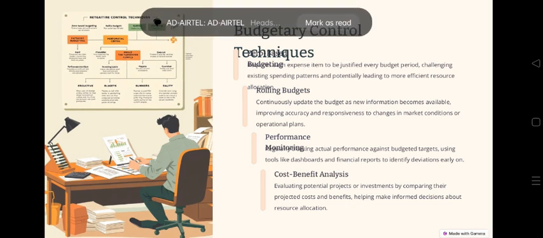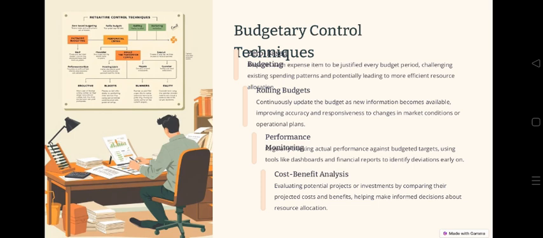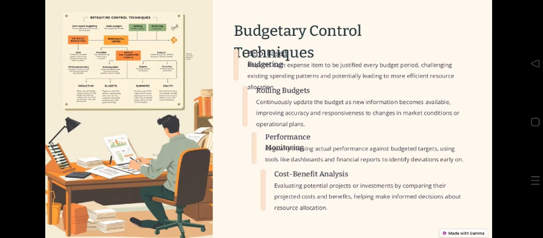So evaluating potential projects or investments by comparing their projected costs and benefits. So every firm or company or country should focus on analysis of different costs and different benefits, helping make informed decisions about resource allocation.